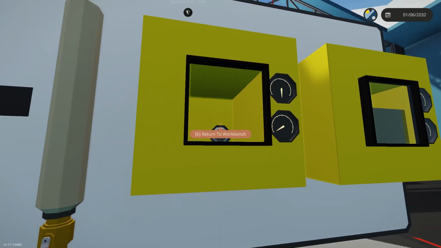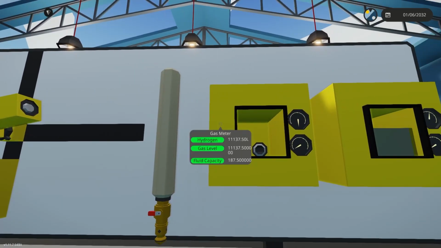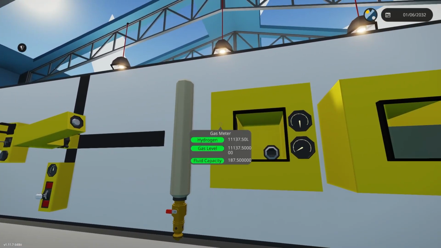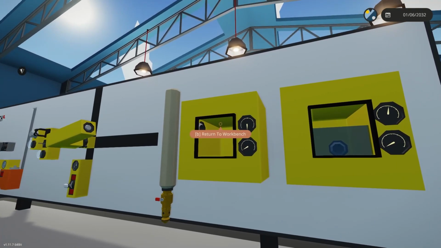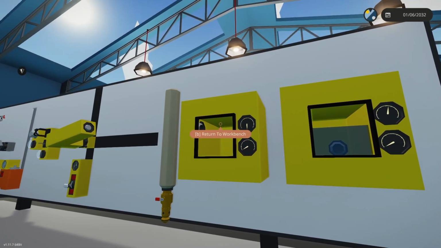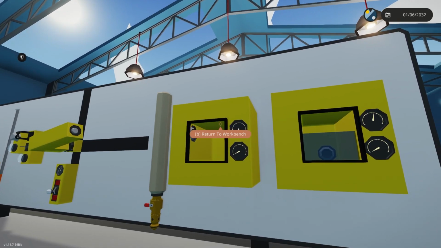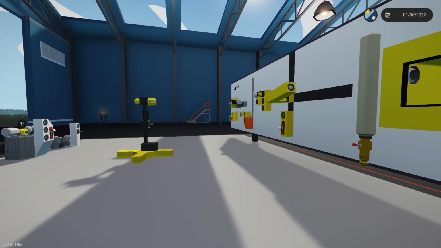In this specific tank, I believe it's just hydrogen, but that's something to keep in mind. After the update Stormworks added with the pressure systems, it's generally advised to add some sort of pressure relief valve into your fuel systems. So this is just why I wanted to talk about it quick.